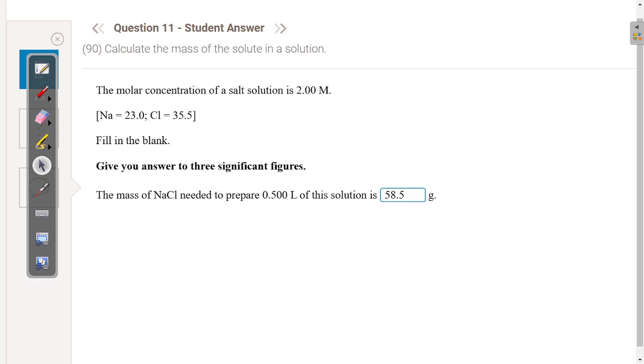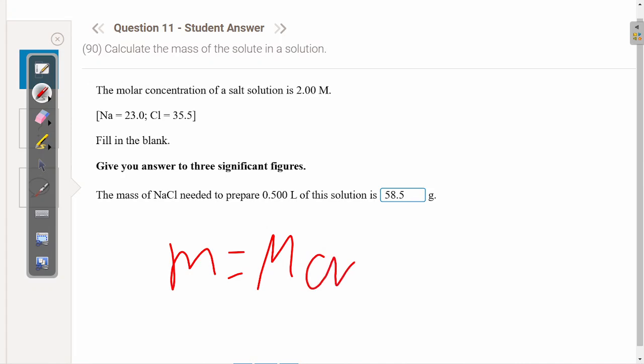The molar concentration of the salt solution is 2 molar. The mass of NaCl needed to prepare 0.5 liters of the solution is what? Using the rule I just derived, m equals M times CV, you do the same thing.